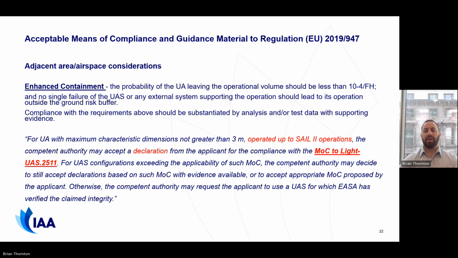So 10 to the minus 4 per flight hour means that there's a probability that your UA will have a loss of control outside of the ground risk buffer once every 1,000 hours or 10,000 hours. 10 to the minus 4.